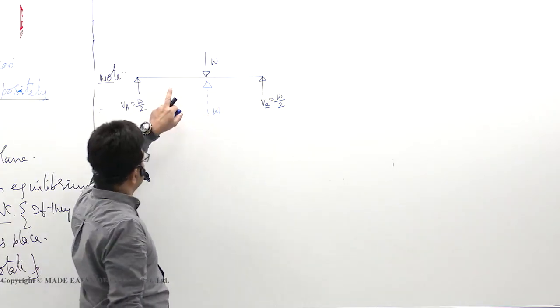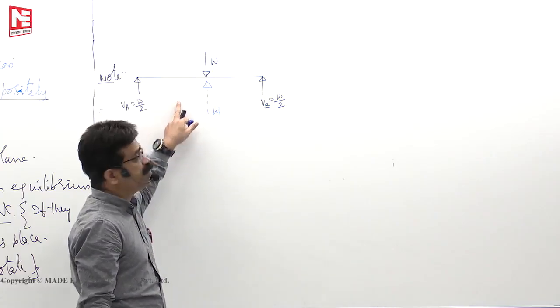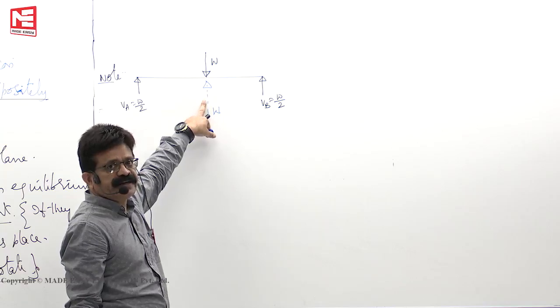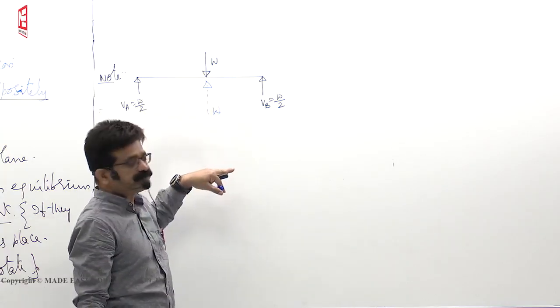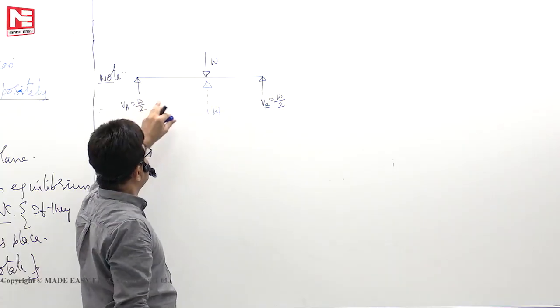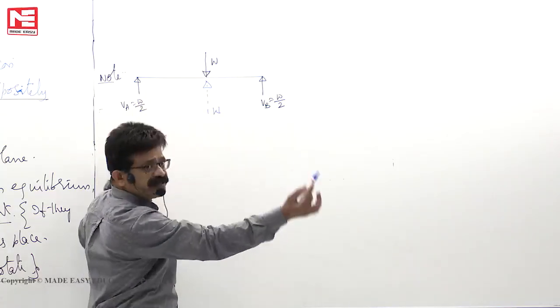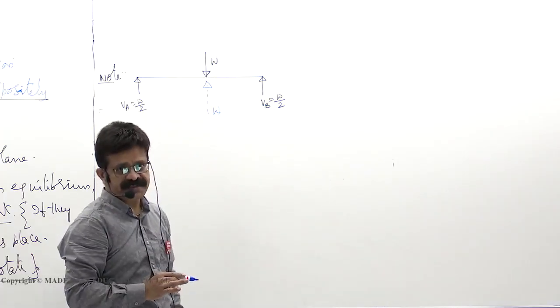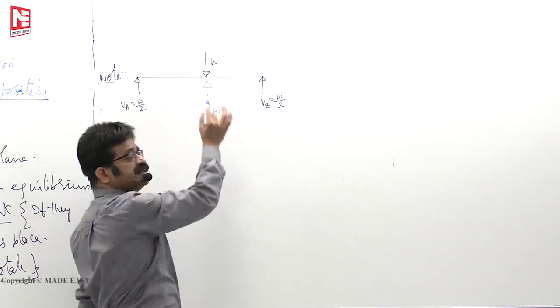Now you see, this problem is a case of two forces equal, oppositely directed and collinear. You should not treat this as three forces, because that W force you have split into two parts and kept it at different distances, but whose resultant is this only.